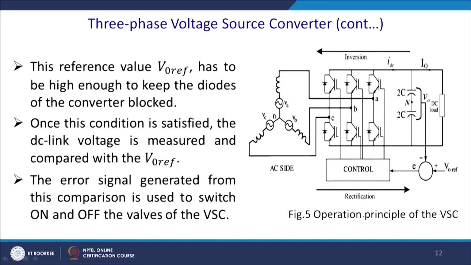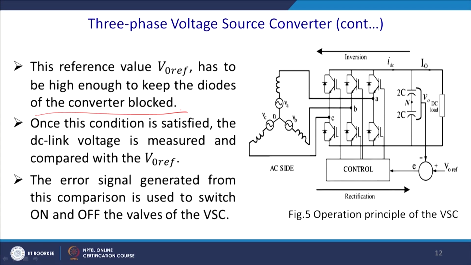From the PI controller you will generate the reference for the switches, and that will maintain the desired DC link voltage. So, the reference value V output ref has to be high enough to keep the diodes in a converter blocking state. That is something you require to ensure.